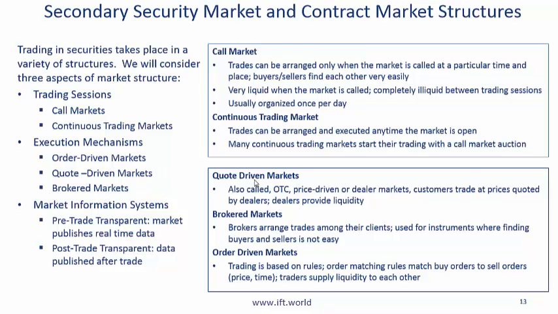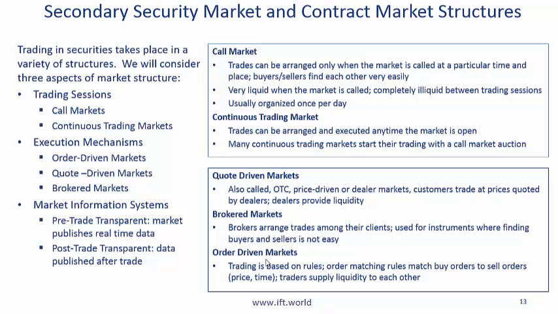So this is the information related to quote-driven markets. They are also called over-the-counter, price-driven, or dealer markets. Customers trade at prices quoted by dealers. So in essence, the dealers are providing liquidity. In brokered markets, brokers arrange trades among their clients, used for instruments where finding buyers and sellers is not easy.